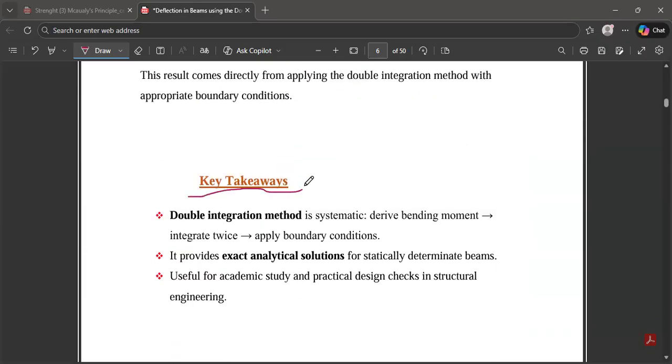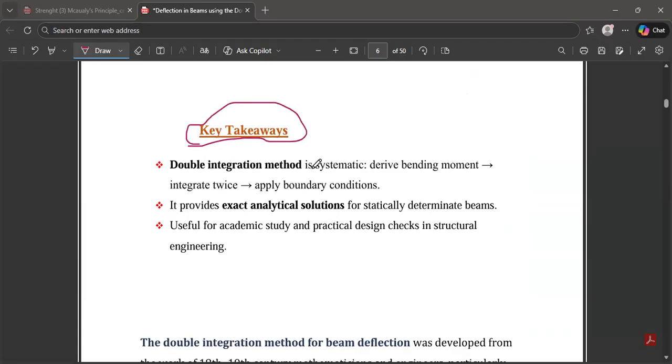Take note of these key points: the double integration method is systematic. The first thing we are supposed to do is derive the bending moment equation. But even before we derive the bending moment equation, we have to calculate our support reactions, which I hope each and every one of us knows by now.